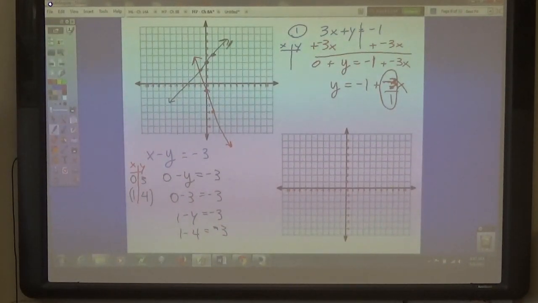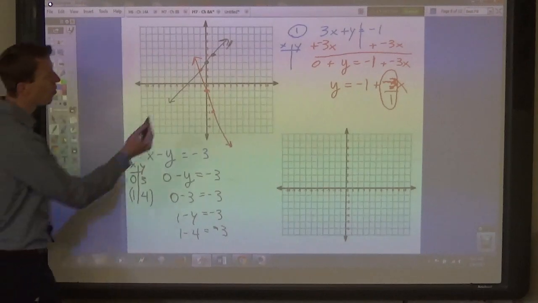Remember, we're doing number 1. So what do you find? Where do these lines intersect? What are the coordinates where they intersect? Negative 1, 2.